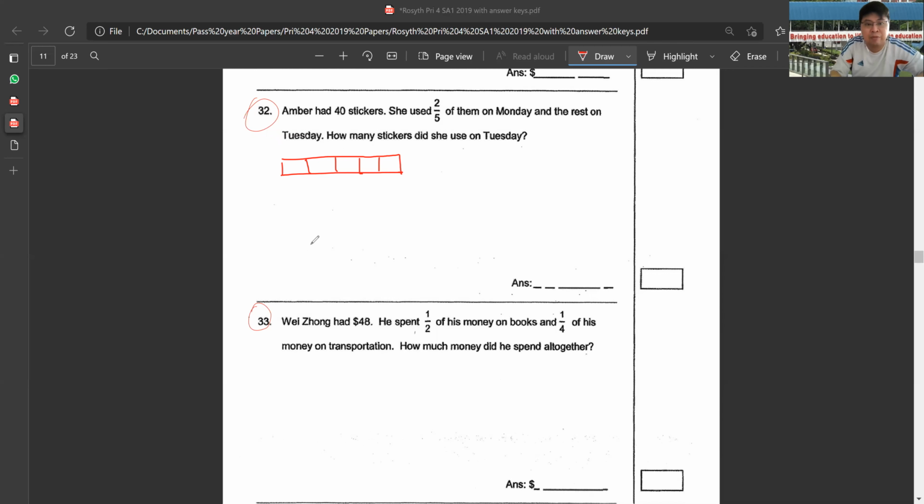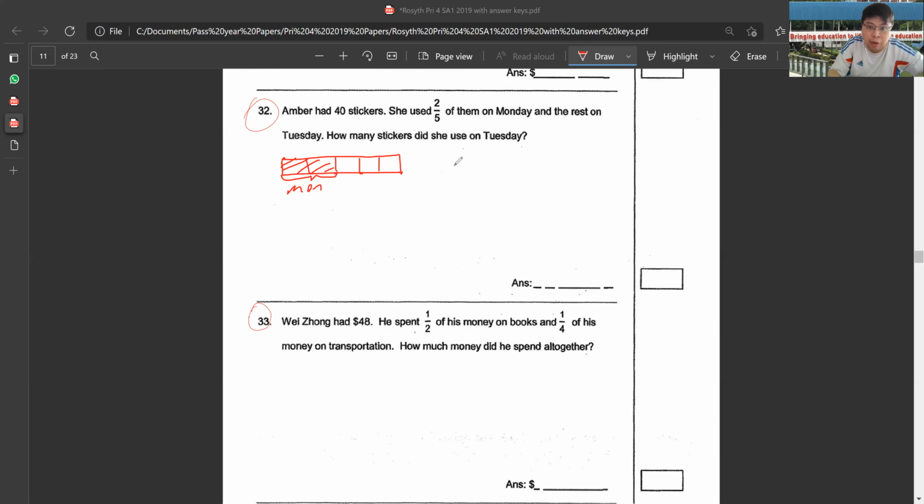These 5 boxes represent 40 stickers. She used 2/5 on Monday. So how many boxes do I need to shade? 2. You shade 2, very good, because 2/5 you use on Monday.